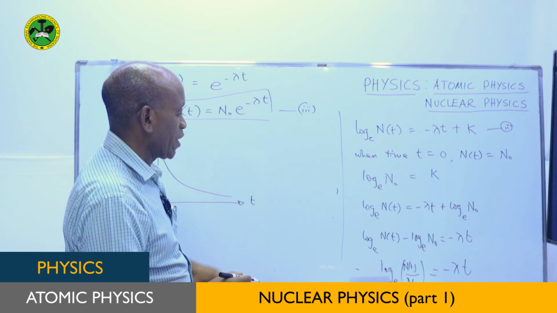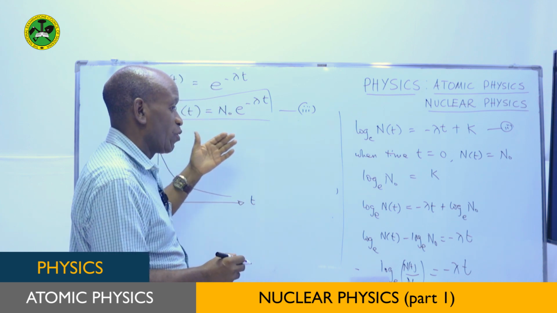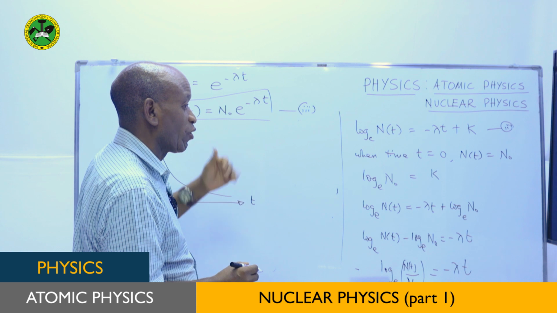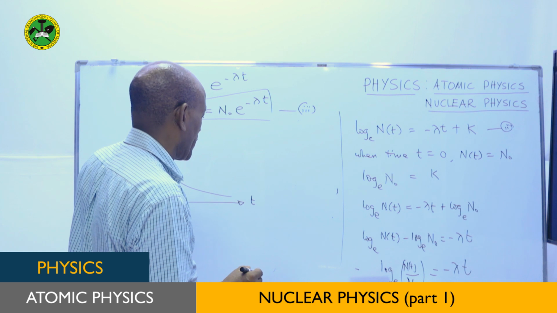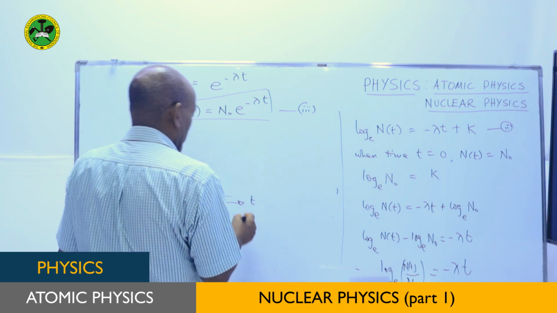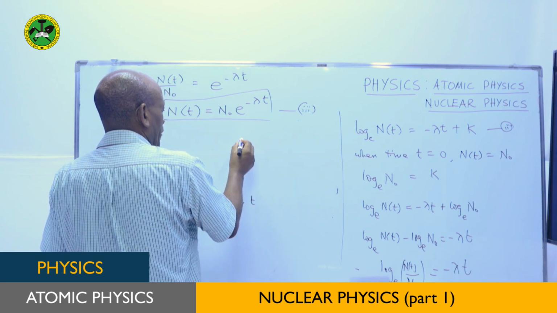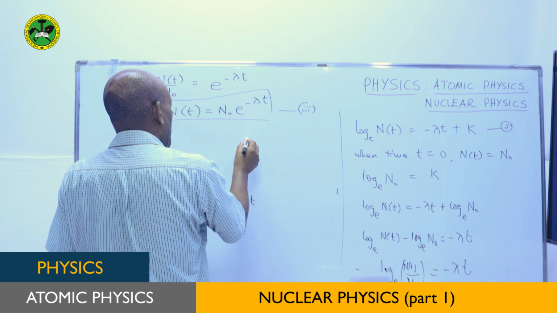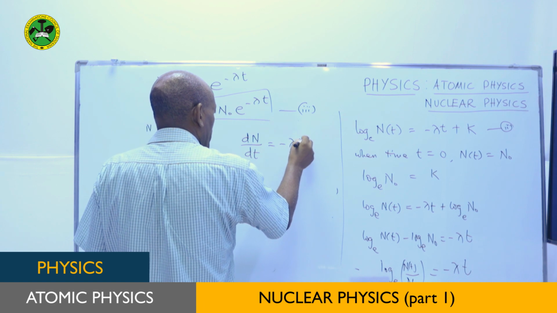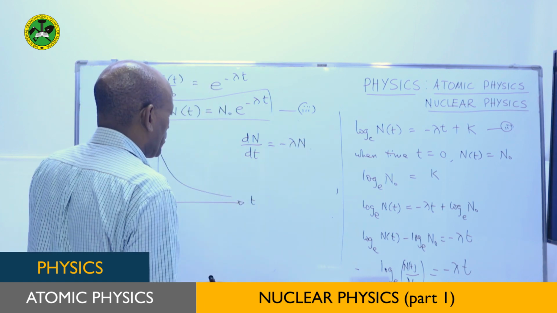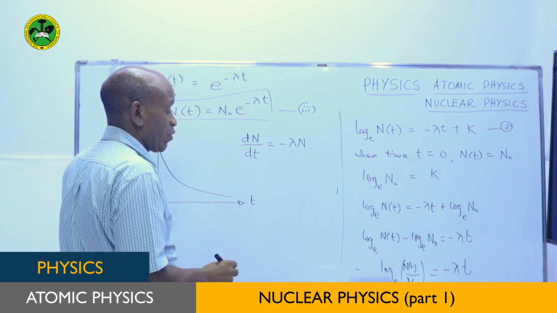So now we can determine the decay constant and see what its definition will be. From the previous expression, whenever we look at the decay constant, which is lambda, we found that dN/dt is equal to minus lambda N. We had already obtained this expression, where lambda is the decay constant.